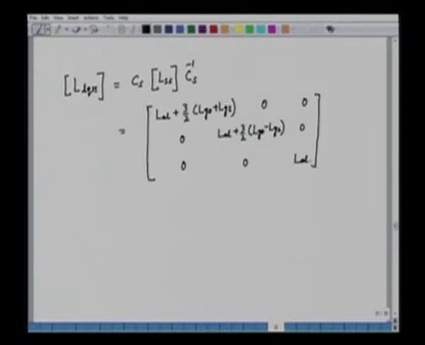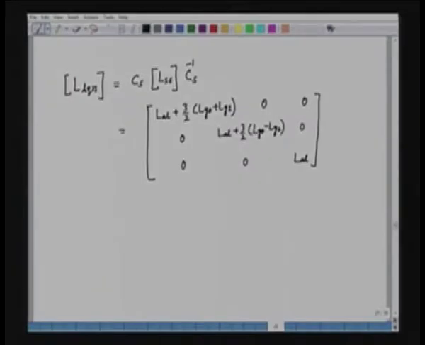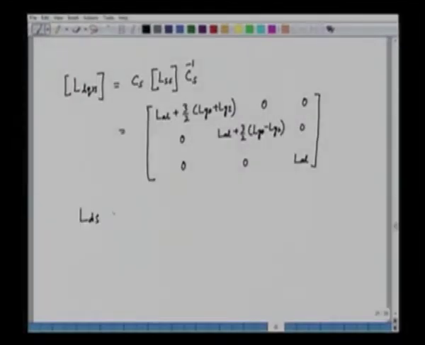This matrix is the stator inductance matrix in the DQ reference frame of a synchronous machine. The stator inductance LDS in the D axis is given as LAL, the leakage inductance of the stator, plus 3 by 2 times (LG0 plus LG2).